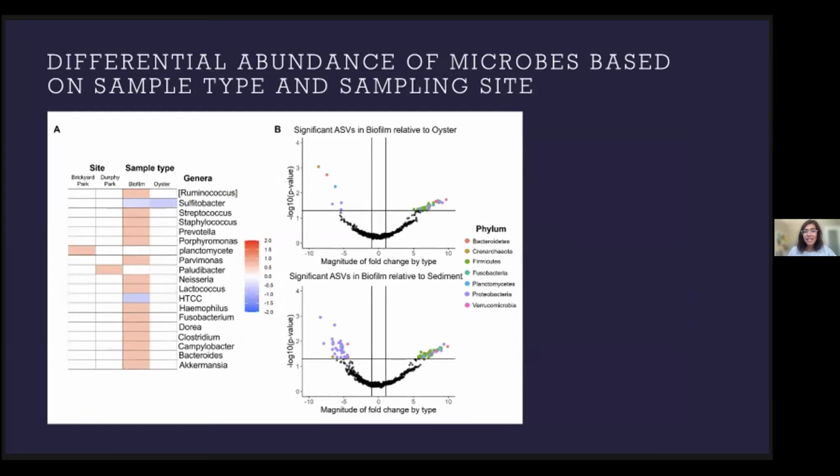In this case, what you see is the differential abundance of some taxa in biofilm compared to oyster tissue, which is why everything in biofilm is highlighted in peach versus some that are highlighted in purple in the oyster. I don't want you to look at the sites on the left, the 2 columns that have site at the top, but just to focus on the sample type.